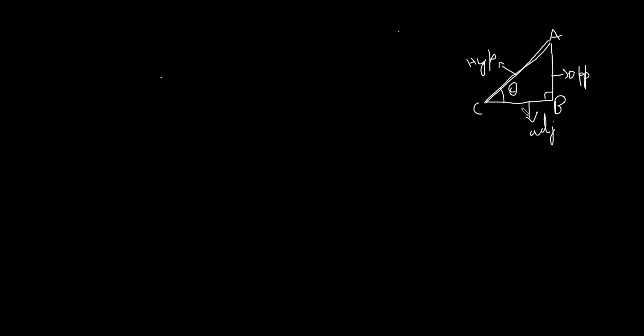Now the trigonometric ratios of this angle theta in right triangle ABC are defined as follows. Sine of angle theta, or sine theta, is equal to the side opposite to angle theta, the opposite side, by the hypotenuse.